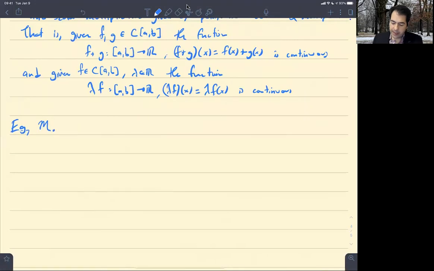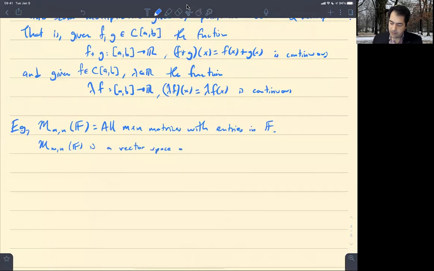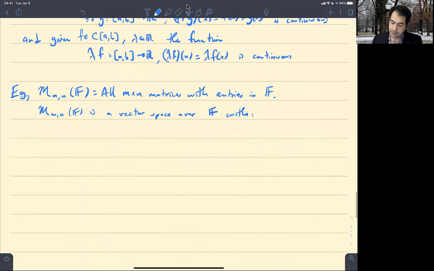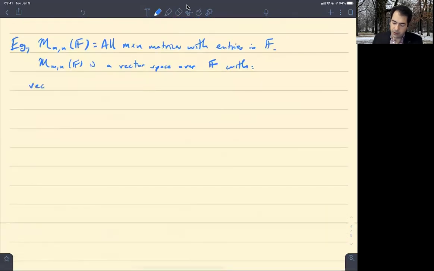Okay, so curly M, subscript m,n of F. This is how we're going to denote the set of all m by n matrices with entries in the field F. Okay, so this set is a vector space over F with, okay, so vector addition.